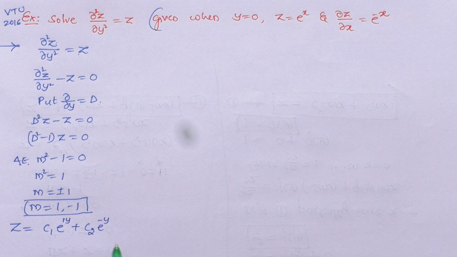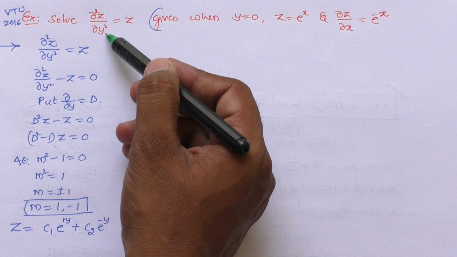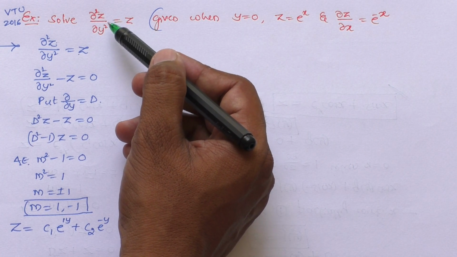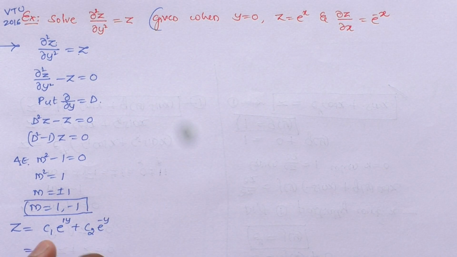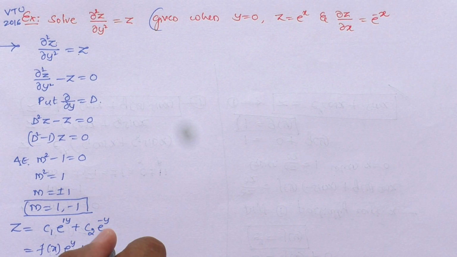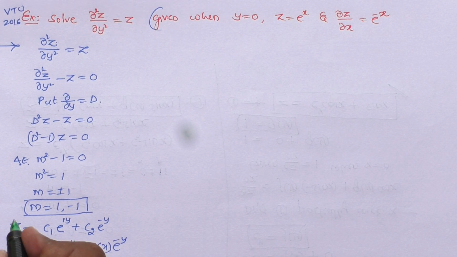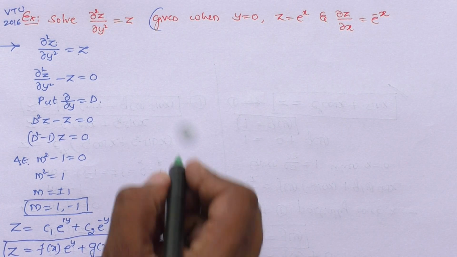But another thing is, when we are differentiating partially with respect to y, we treat the x term as constant. So it means the constants are x terms. So here the constants c1 and c2 can be written as f of x e raised to y plus g of x e raised to minus y. So z equal to this we got. So take this as equation number 1.